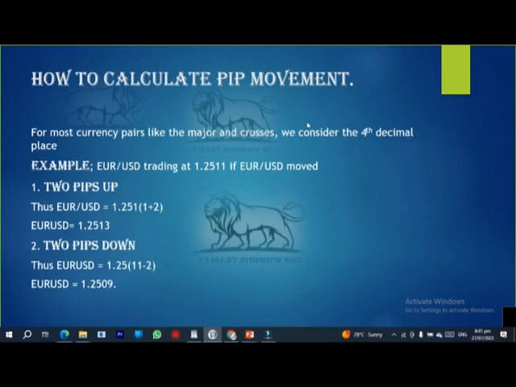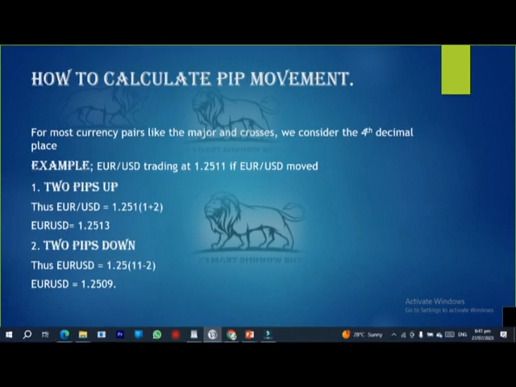We consider the fourth decimal place. We have an example here, the Euro US dollar. Say Euro US dollar is trading at 1.2511. If Euro US dollar moves 2 pips up, whenever it is going up, we are adding. Whenever it is coming down, we are subtracting.